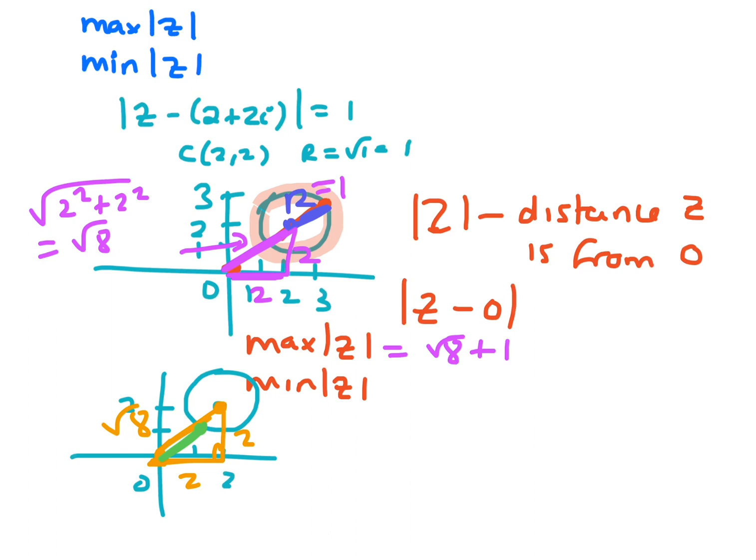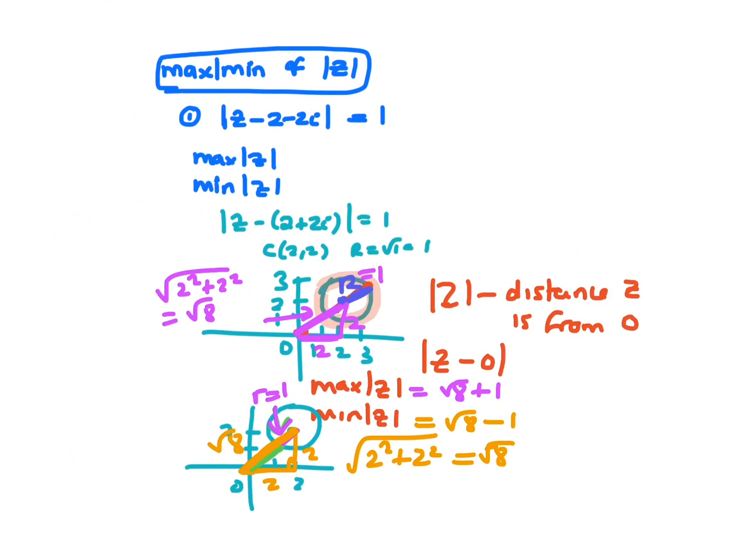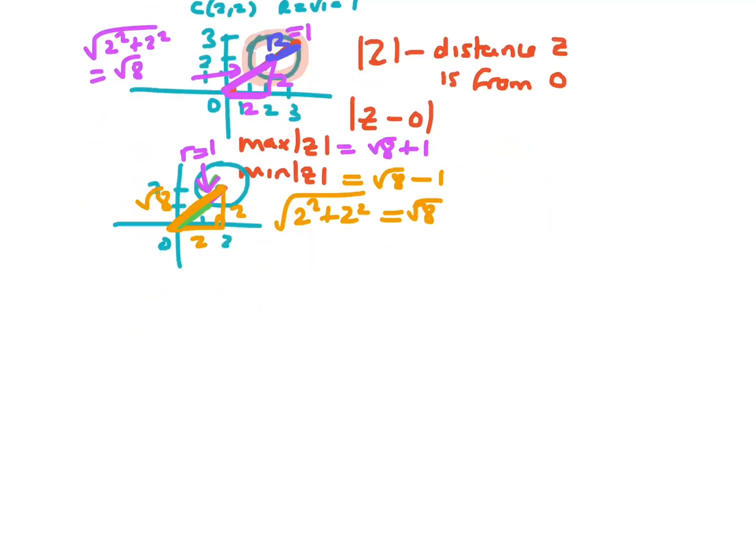We know that this part in here is your radius, and the radius is equal to 1. This whole orange part would be 2 squared plus 2 squared square rooted, that's root 8. So the minimum would be root 8, but then you have to take away 1 instead of adding the 1 on. And that's basically how you do the maximum and minimum of mod z.